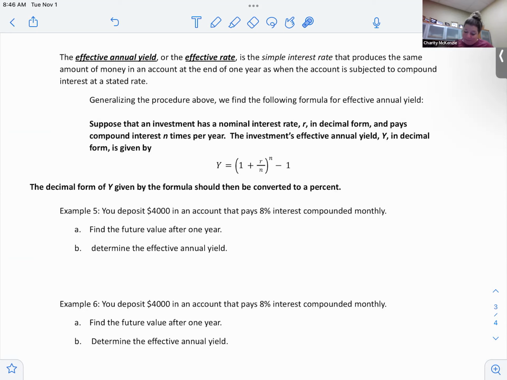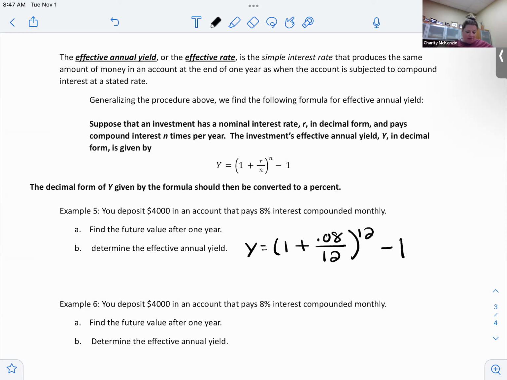So let's look at a problem. You deposit $4,000 in an account that pays 8% compounded monthly. I'm going to skip A, just determine your effective annual yield. So our yield is going to equal 1 plus our rate of 8% divided by our compounds, which is monthly, to the power of monthly, minus 1.